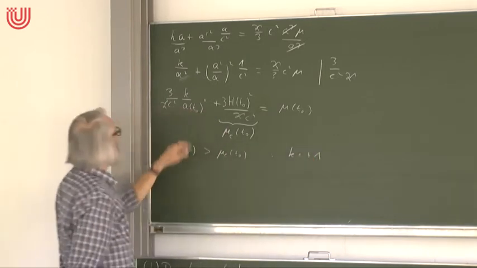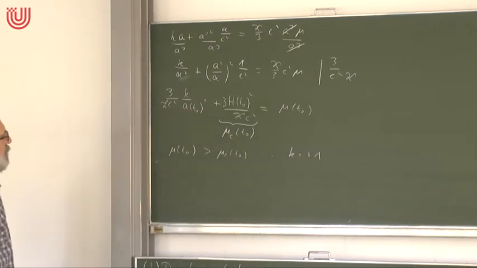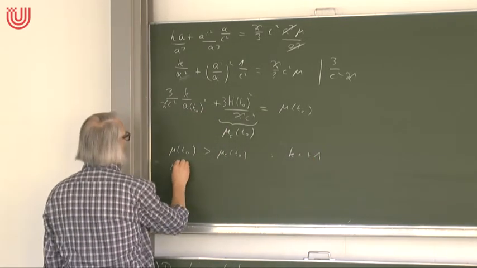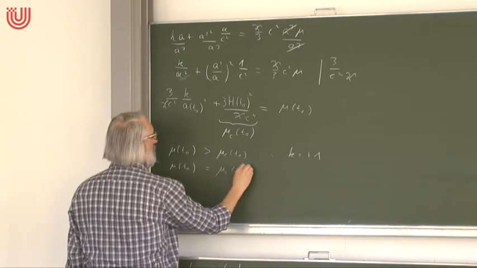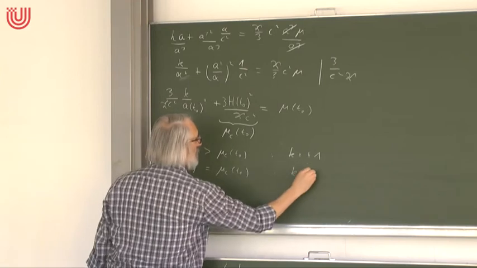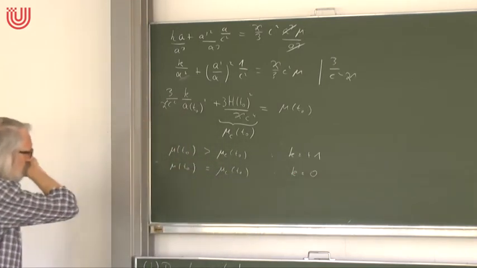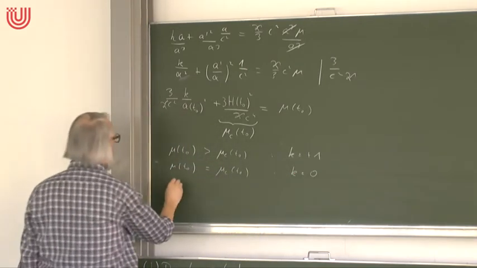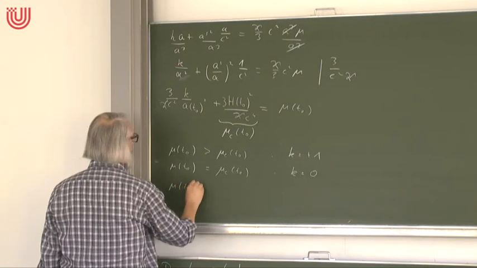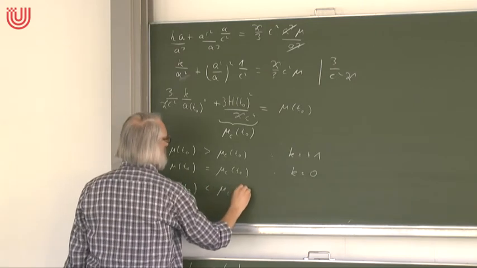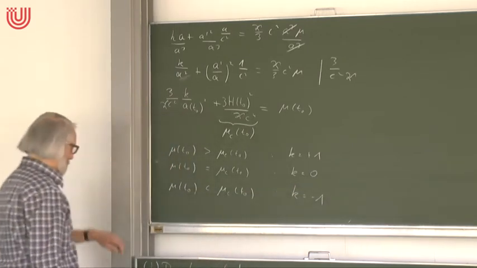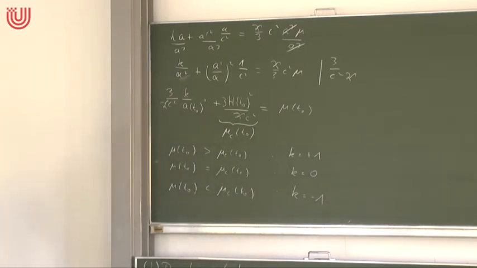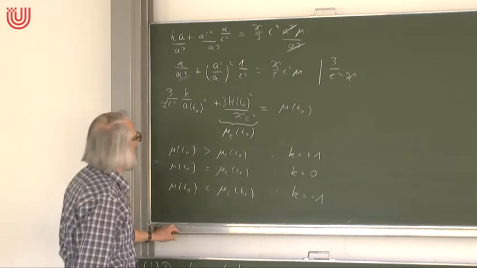Then k must be positive. If the true density now is equal to the critical density, then we are in the case k equals 0. And if it is smaller, then we are in the case k equals minus 1. So you can decide which of the three cases we are in.